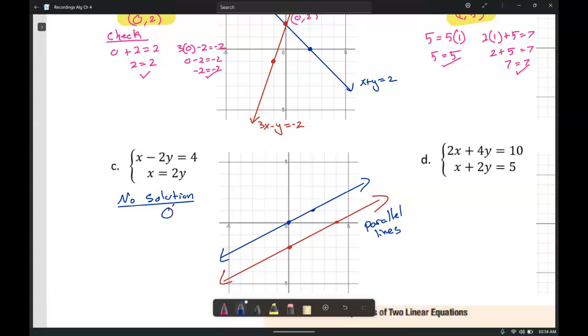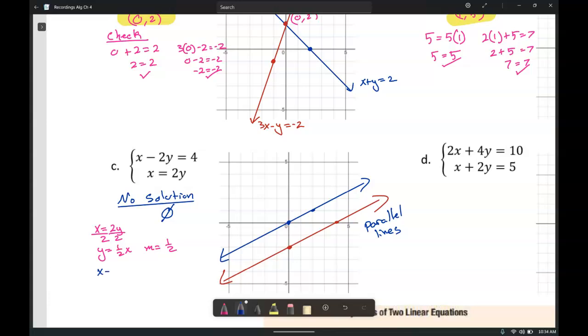Also, an empty set. Now we want to verify this, so let's look at these equations and put them in slope-intercept form. If we take x equals 2y, divide both sides by 2, we get y equals 1/2 x, meaning our slope is 1/2.